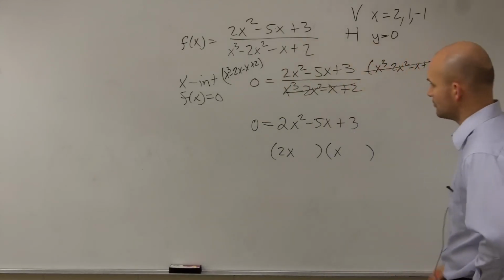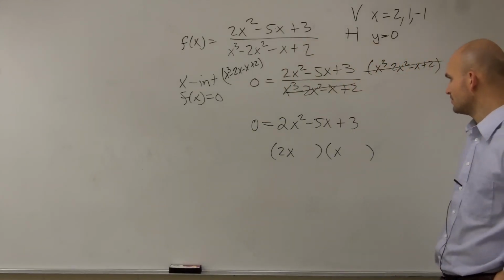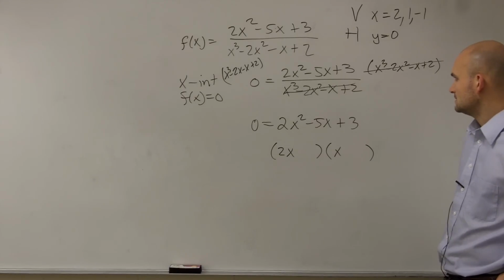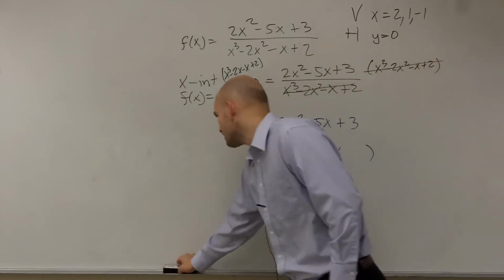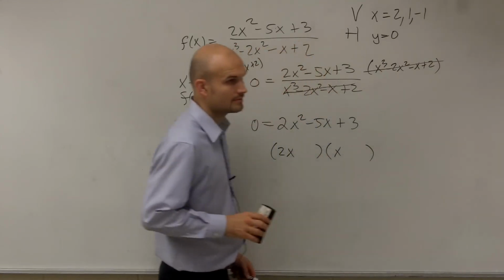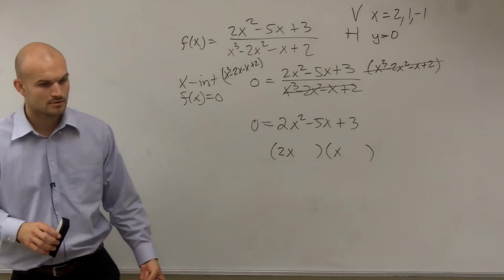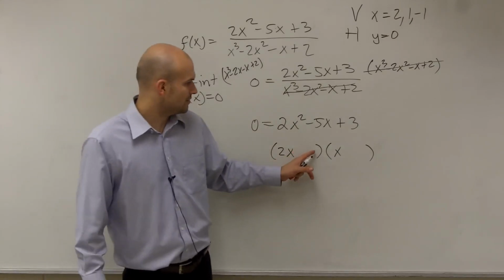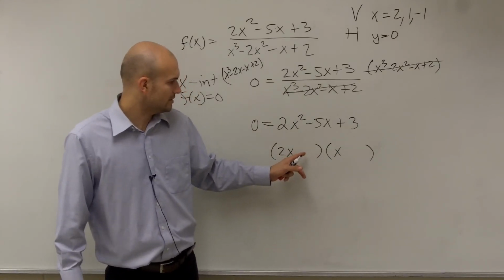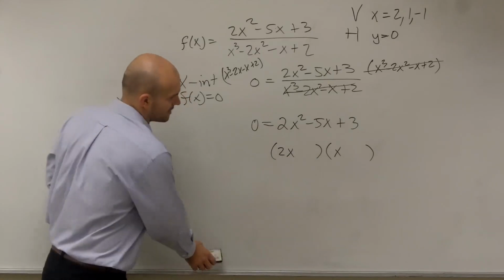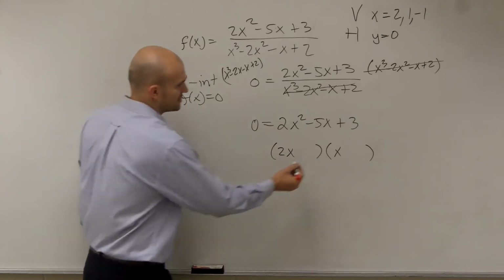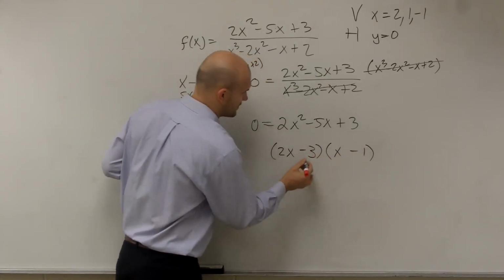And they need to multiply to give me 3. I'm not seeing that it's factorable. The only problem is negative 3 and negative 1. Actually, wait, could you do negative 1 and negative 3?